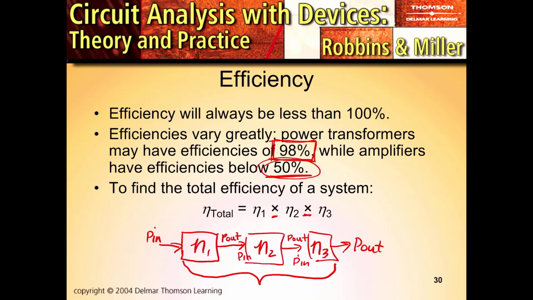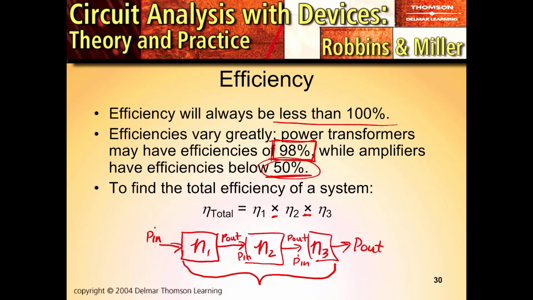A lot of times students want to add those all together, but if you were to add them all together, it's possible you could get a value greater than 1. And we know that's not possible. Nothing is ever 100% efficient. So that being the case, we multiply them all together. So N total equals efficiency of system 1 multiplied by efficiency of system 2, and so on.